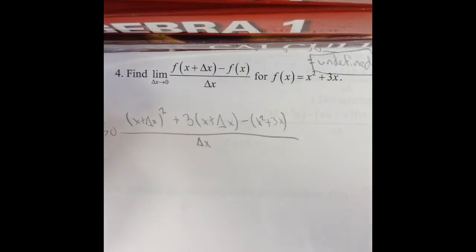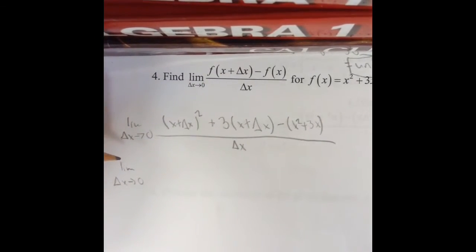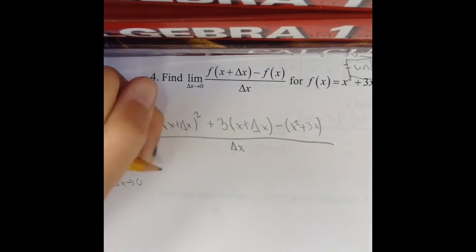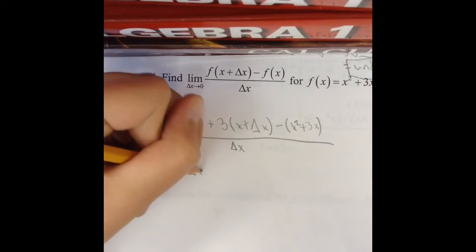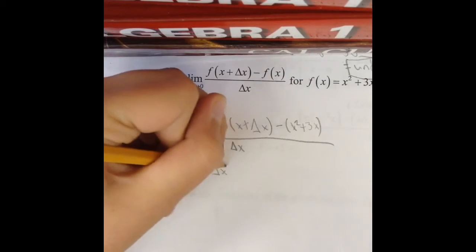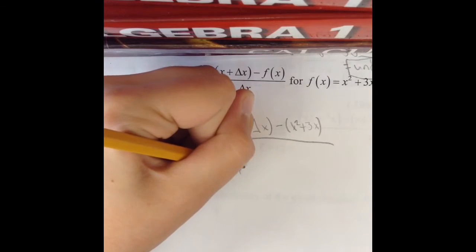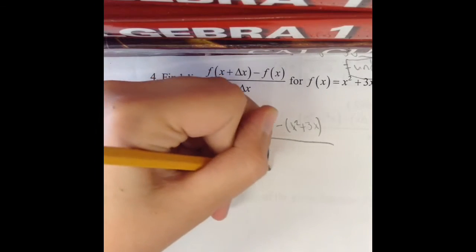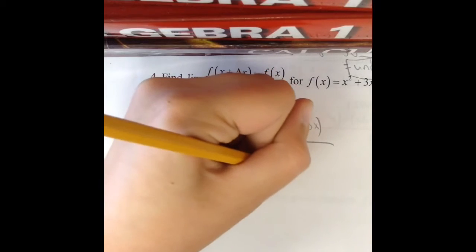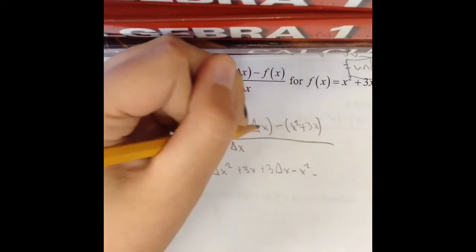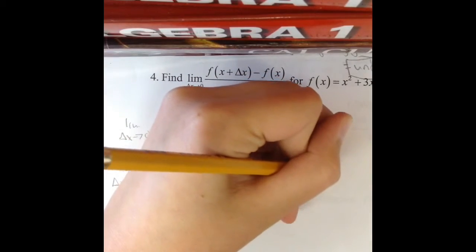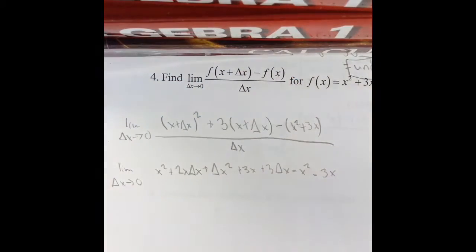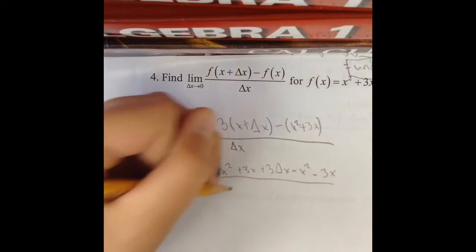So then we keep going. Limit as delta x goes towards 0. When you square that, it's x squared plus 2x delta x plus delta x squared, plus 3x plus 3 delta x, minus x squared minus 3x, and that is all over delta x.